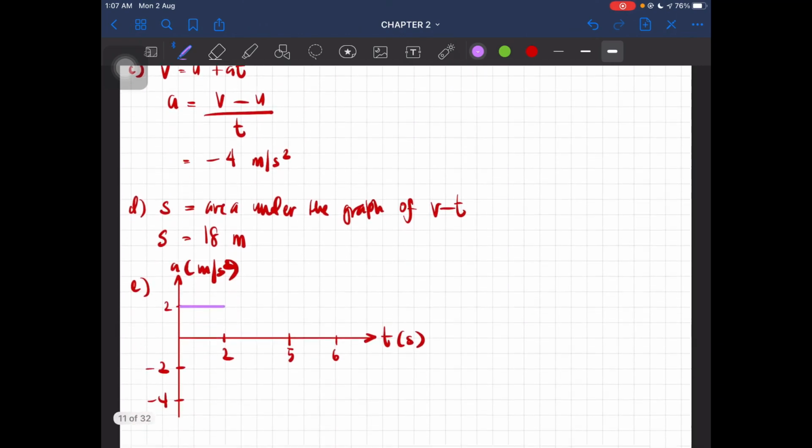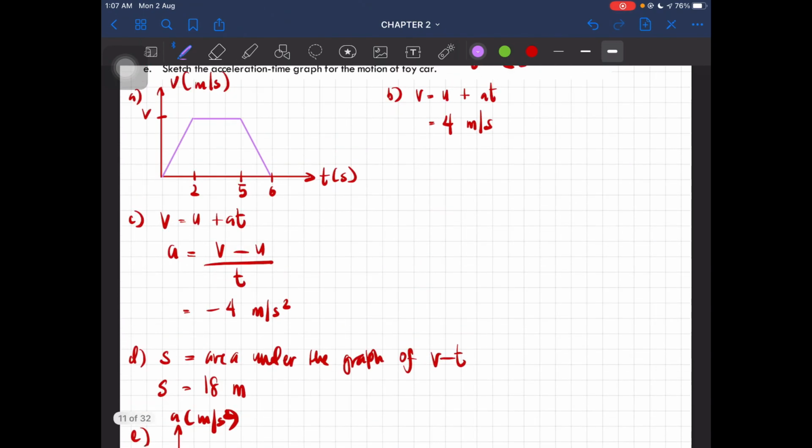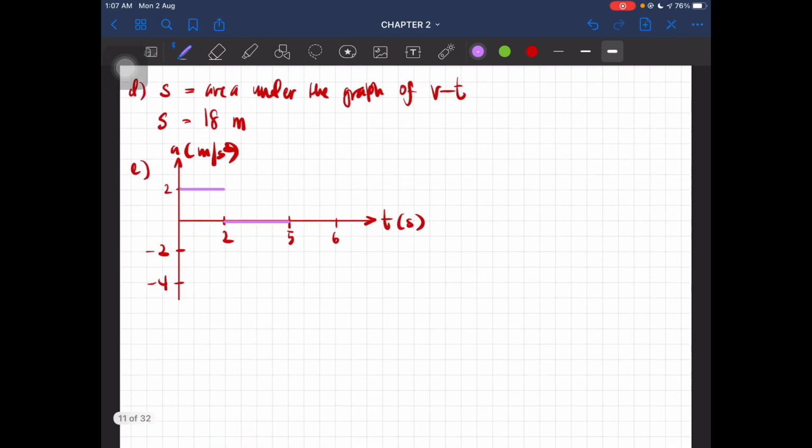Then it has constant velocity for 3 seconds, so acceleration is equal to 0. And then at the end of the ride, it has a deceleration rate of -4. Okay, so that is our acceleration time graph.